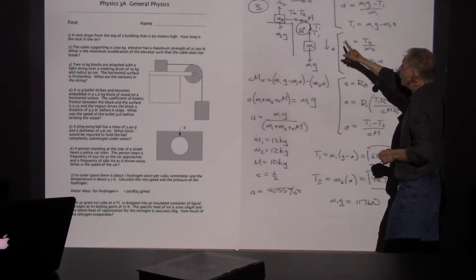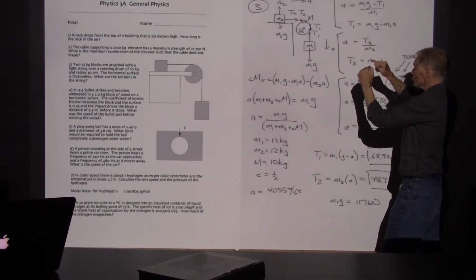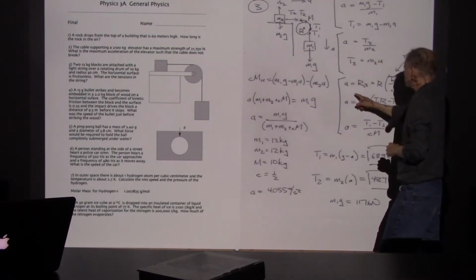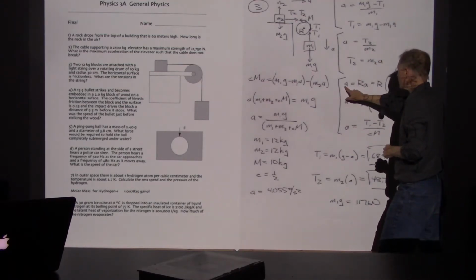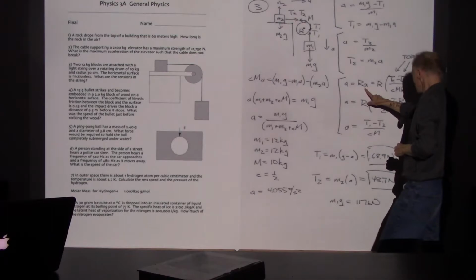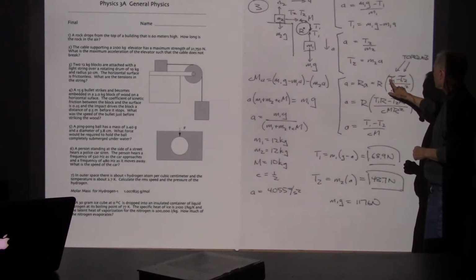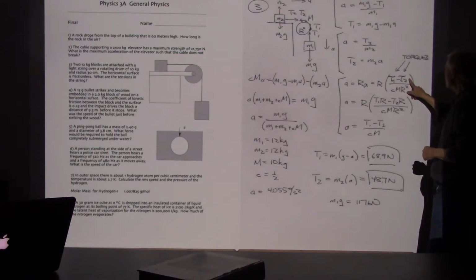If I look at a point along the edge of the pulley where the string or the cable is running, the acceleration tangentially along the edge is given by r times alpha. Now, the rotational acceleration is torque 1 minus torque 2 divided by the rotational inertia.